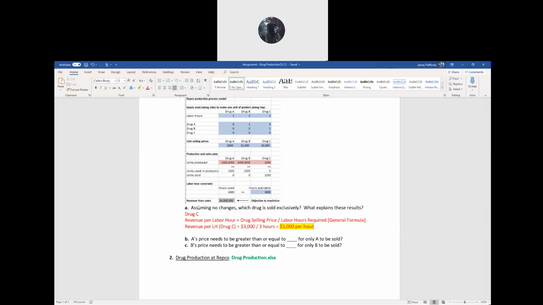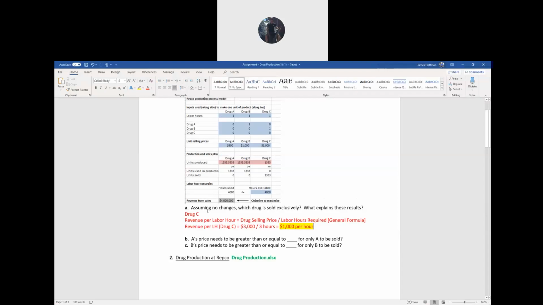That's the benchmark we have to compare the other drugs to. So it must be that the other drugs are giving less than $1,000 per labor hour, otherwise they'd be sold instead. So the first step for these problems is to find out which drug is being sold, calculate the revenue per labor hour for that drug, and then use that to compare the other ones.